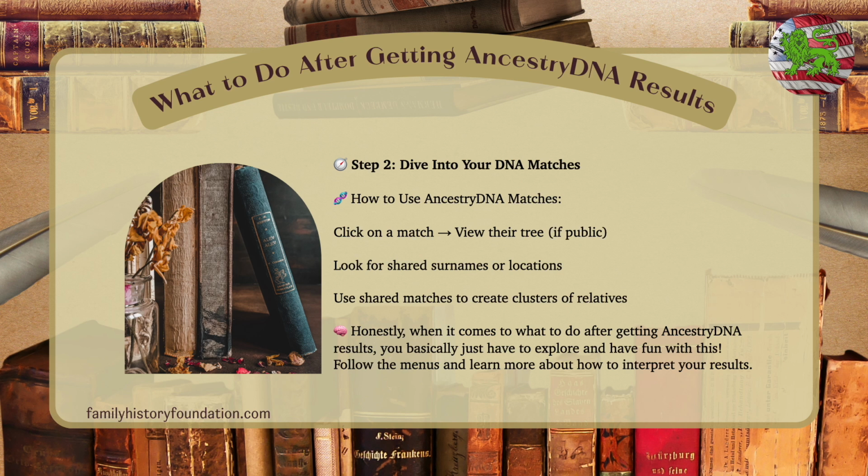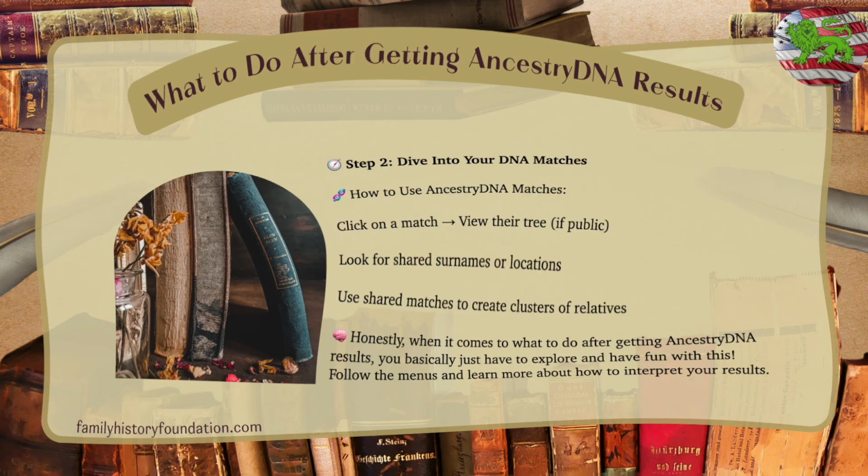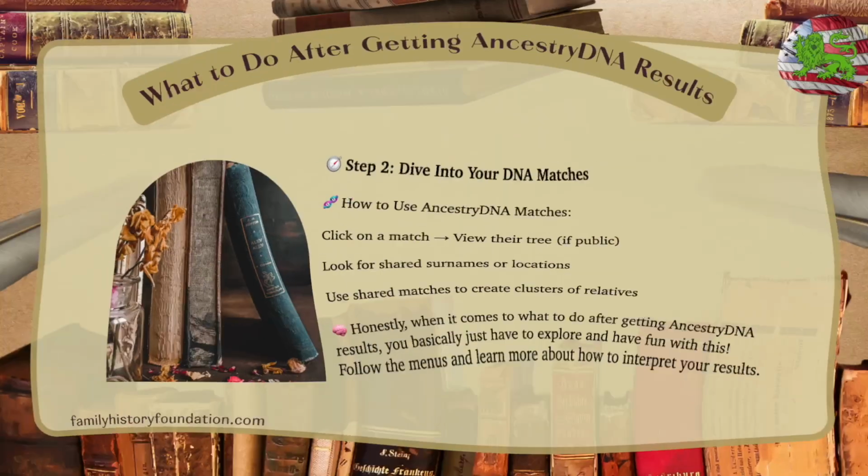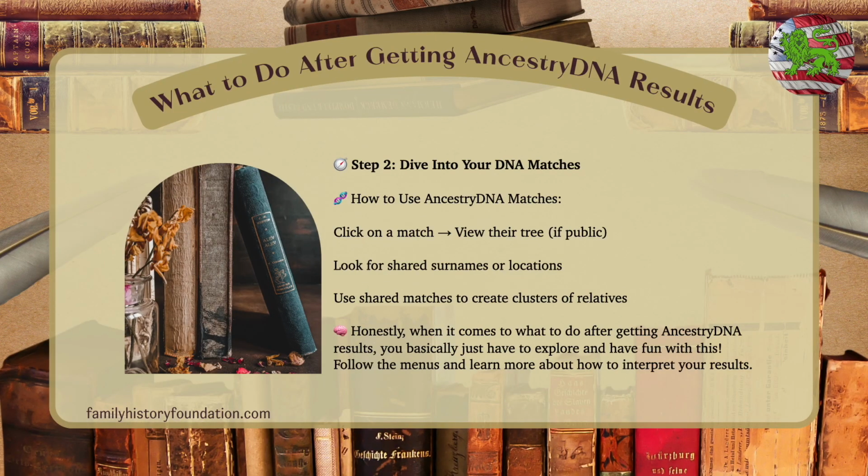Okay, you can search for locations, whoever has that listed. And so off you go. And then the other side of that is you can actually make contact with your matches and just say, hey, we're a match, what do you have? Do you want to share information? So just explore and have fun with it is really what it comes down to.